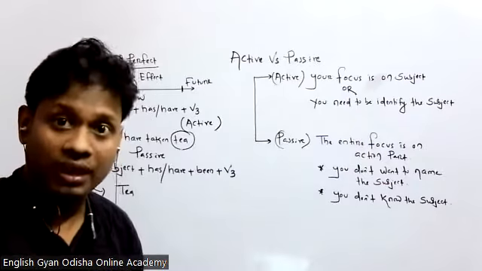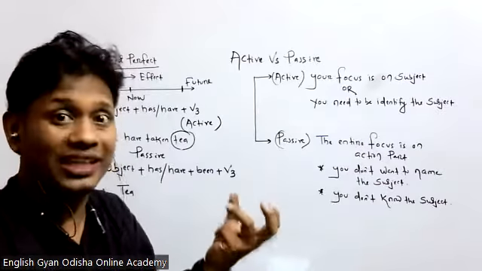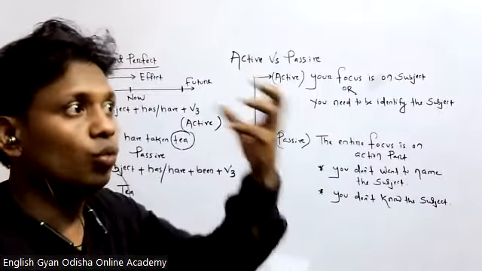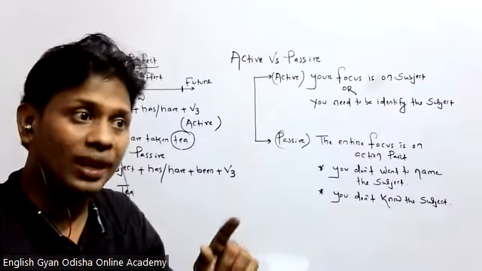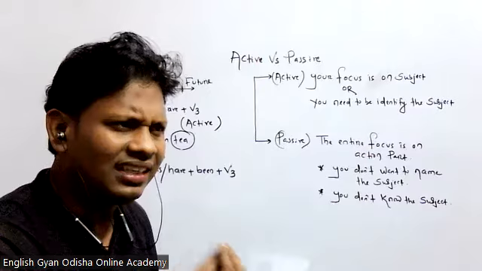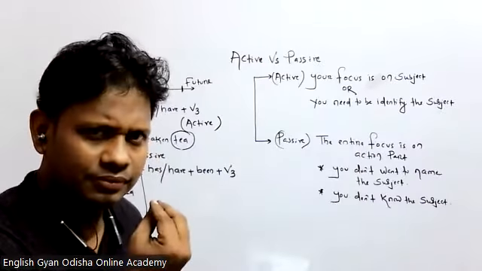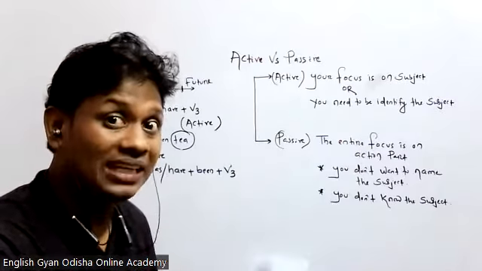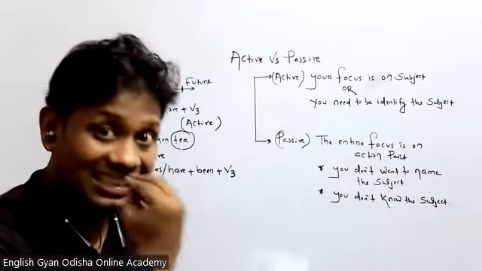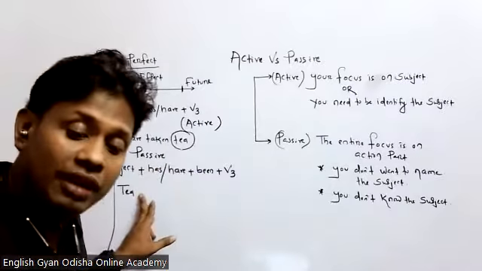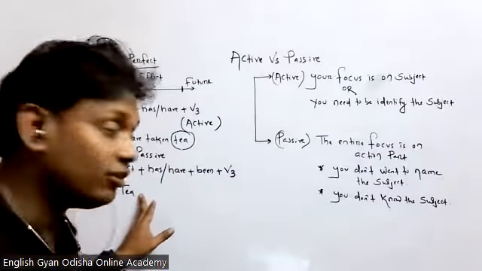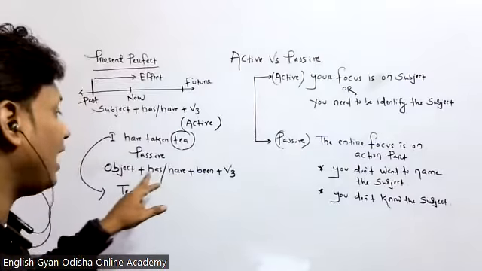This is called an uncountable noun, because you cannot count tea, you cannot count water. With an uncountable noun you always say, the water is salty, not water are salty. So tea always takes the singular form, and whenever it takes singular form, obviously has will be there.